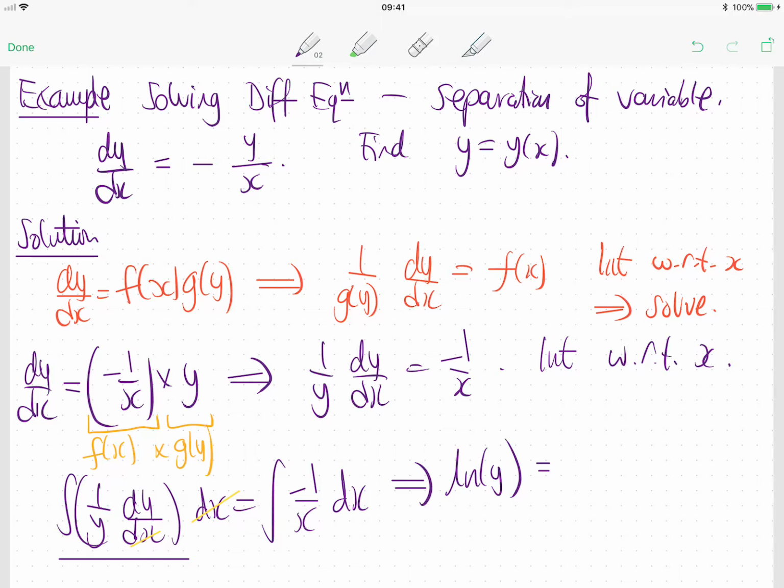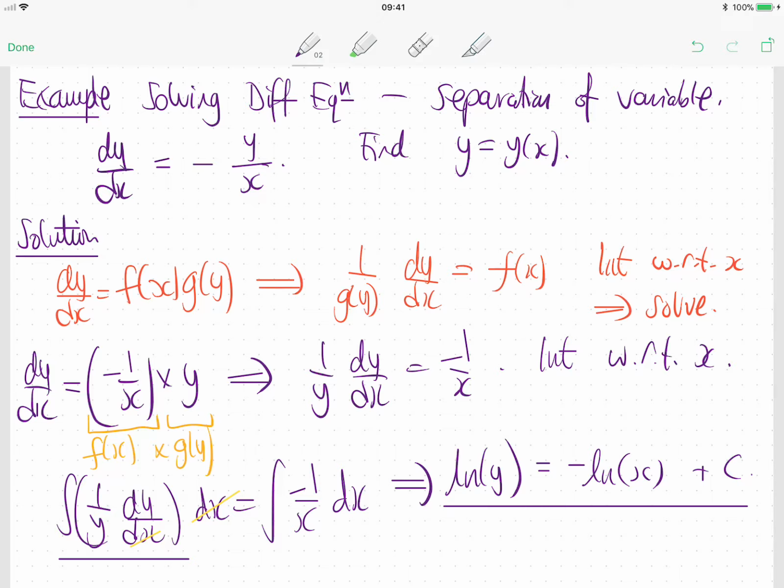On the right hand side, we integrate minus 1 over x, or 1 over x integrates to log of x. Let's pop the minus there, and we want to add our constant of integration, so plus c. So that's what we get from integrating. It doesn't look ready at the moment. It looks like we need to use some algebra to tidy this up.